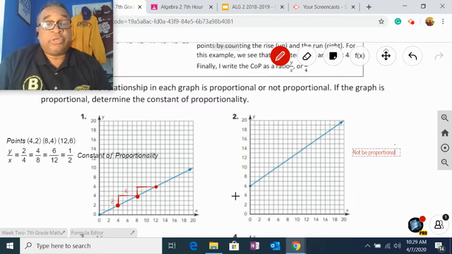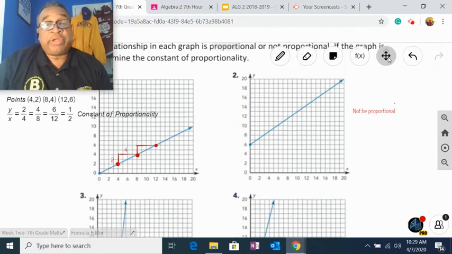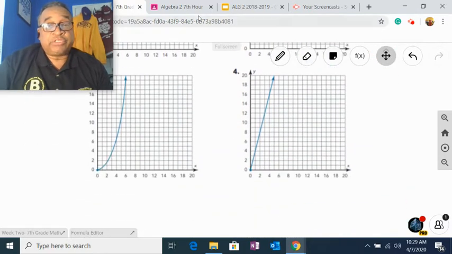Remember, it has to go through 0, 0, and it has to have a constant rate of change. Sorry about that. So like this one here, this is not a straight line. Here we have a straight line going through 0, 0, so it would be proportional. This one would not be over here.